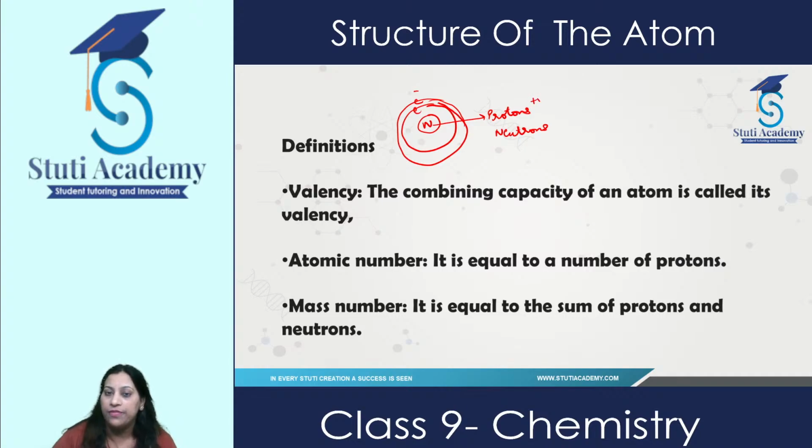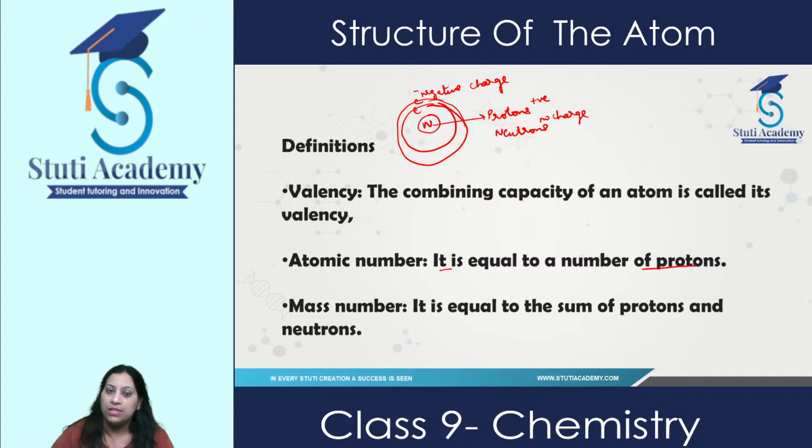Protons have positive charge, neutrons have no charge, and electrons have negative charge. And we know that an atom is electrically neutral. It means it has an equal number of protons and electrons. So atomic number is always equal to the number of protons.